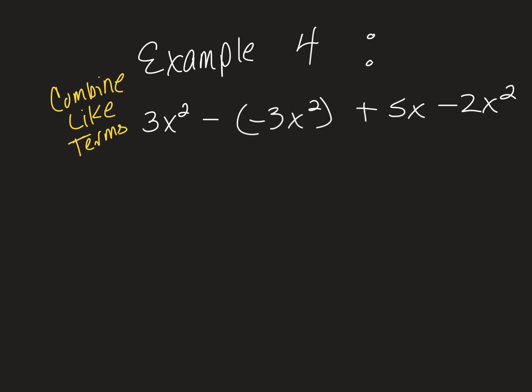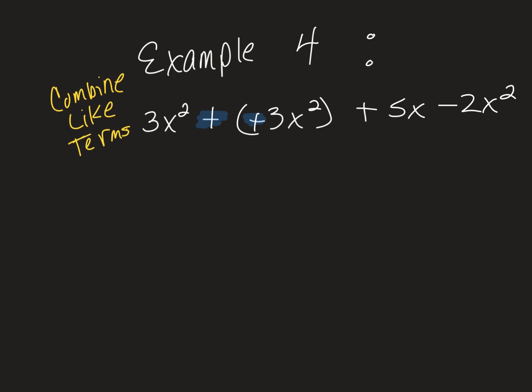So I need to look for exactly the same variables and exactly the same exponents, and that determines what I can combine. The first thing I noticed really quickly though, and I kind of wanted to do a special one like this, notice right here that we are subtracting a negative number. And remember what happens when we subtract a negative number? That minus a minus cancels each other out, so that this really is going to turn into a plus.